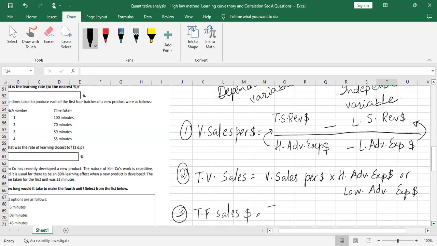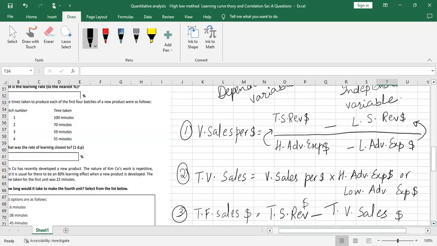It is equal to total sales revenue minus total variable sales. If you are using total sales revenue of the highest advertisement, you will use total variable sales from the highest. If you are using total sales revenue from the lowest, you will subtract total variable sales of the lowest advertisement expenditure or lowest activity level.